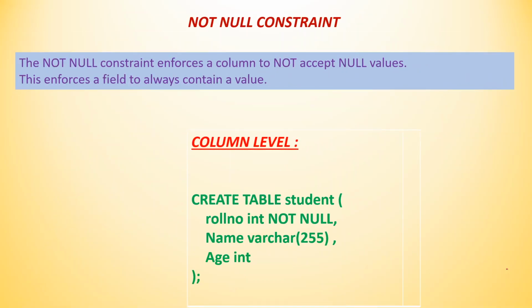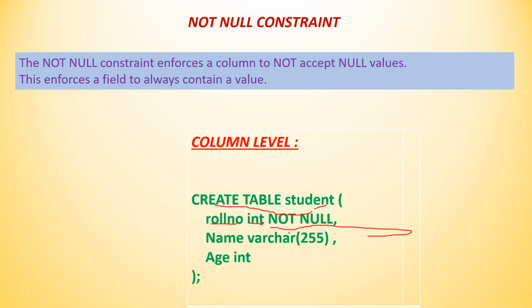Next is not null constraint. Not null means you cannot leave blank, you cannot input blank values for that cell, for that row, for that attribute. You have to enter some value for it. Like here we have written create table student, and then roll number, data type, and not null.